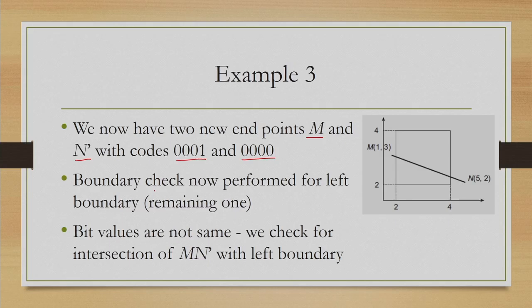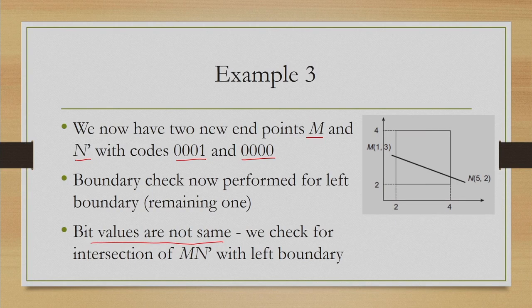Now, earlier we checked for above, below and right boundary, left boundary check was pending. We will do that next. Here if we check, we can see that for the left boundary the bit values are not same.